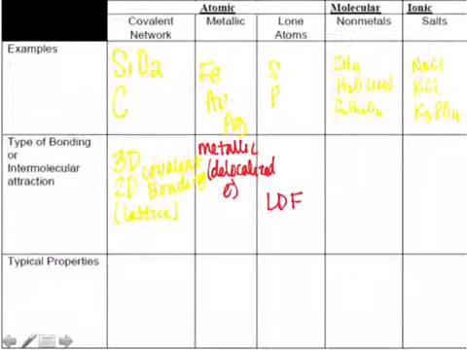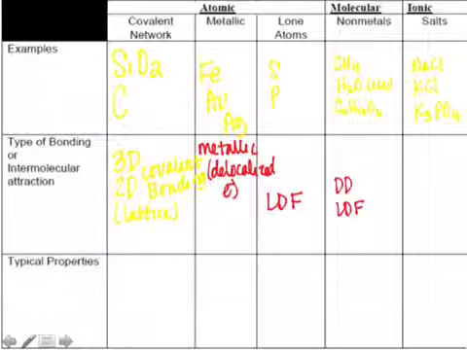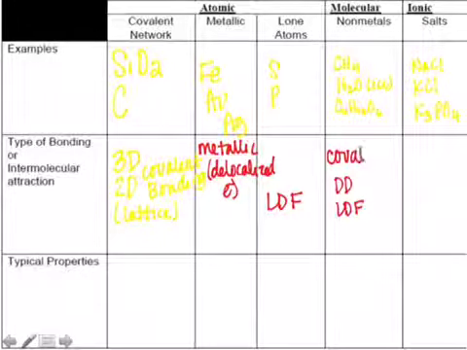LDF. Nonmetal solids, what is holding them together? Dipole and LDF. And what is holding each molecule together within is covalent bonding.